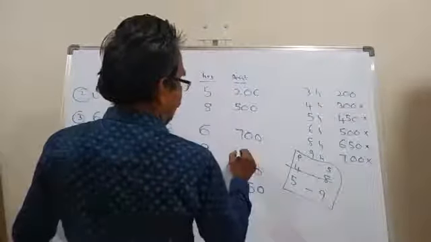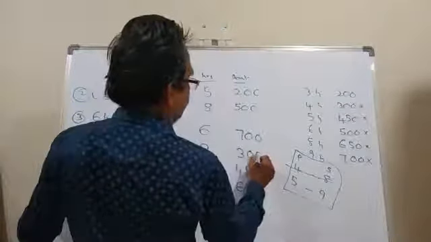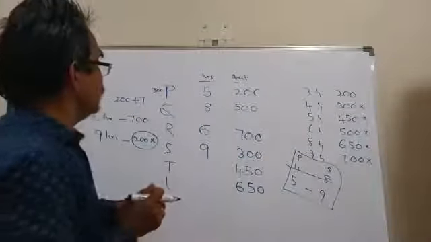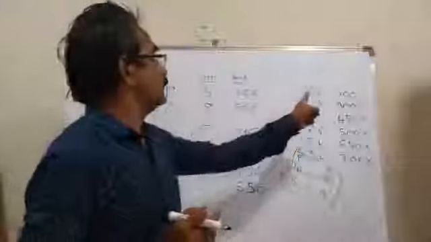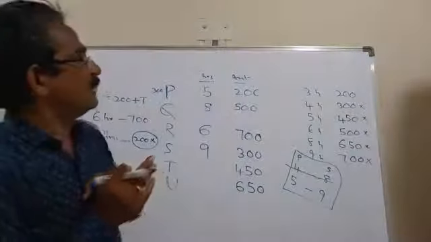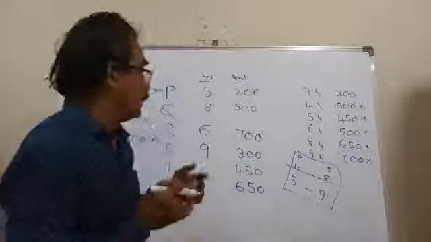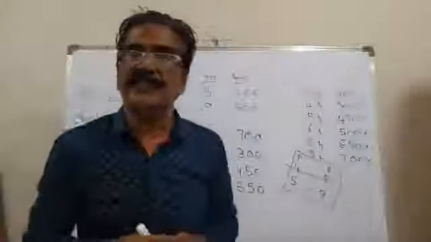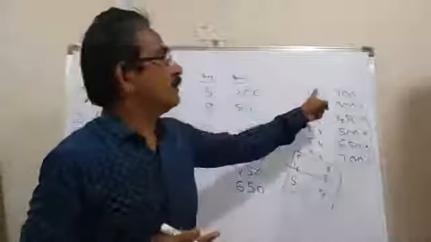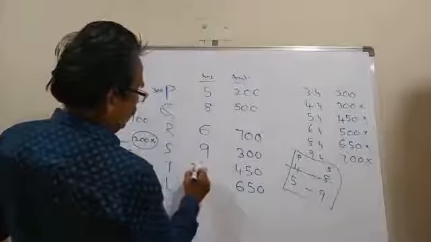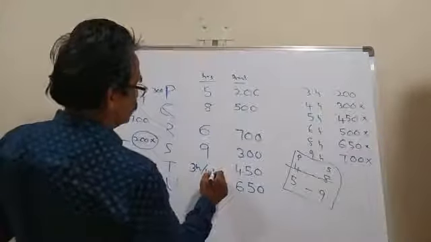So 300 is left. Hours, 3 hours and 4 hours are remaining, but we don't have sufficient information for 3 hours and 4 hours. So T may work 3 hours or 4 hours.